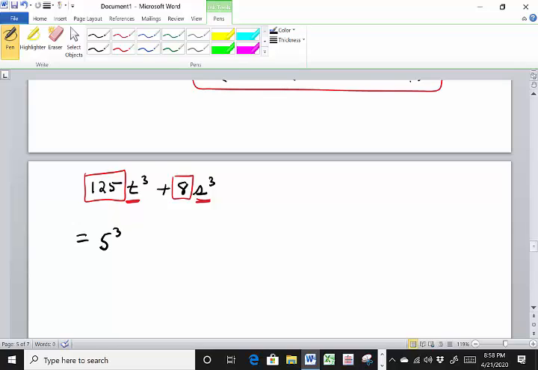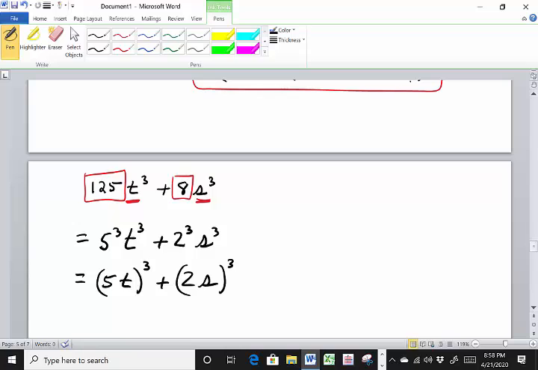Alright, 5 times 5 times 5. So there we have t cubed. And then 8 we know is 2 cubed. And then we have s cubed. So we can rewrite this as 5t to the 3rd power plus 2s to the 3rd power.